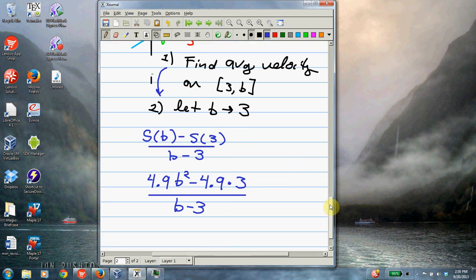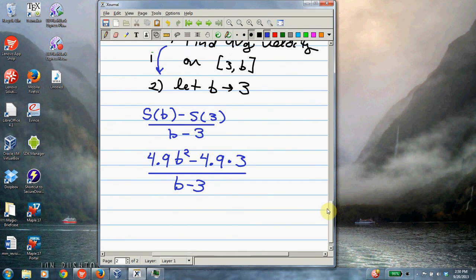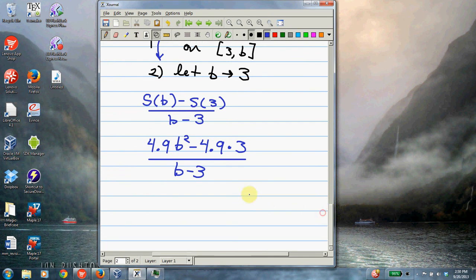Alright, so first we should check and see if we can just plug in. And so if we plug in, we get 0 on the bottom. And actually, you can see that we're going to get 0 on the top too. It's a little more clear from this picture, because here s of 3 minus s of 3 is just 0. So there's a factor of b minus 3 both on the top and the bottom.